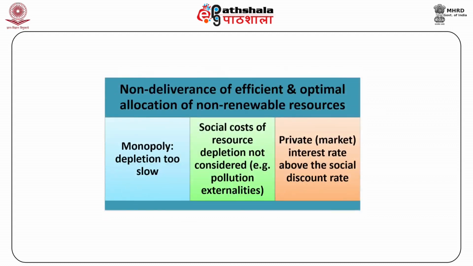A market economy will probably not deliver an efficient and optimal allocation of non-renewable resources because of monopoly, depletion too slow, or social costs of resource depletion not considered, for example, pollution externalities, or private market interest rate above the social discount rate.